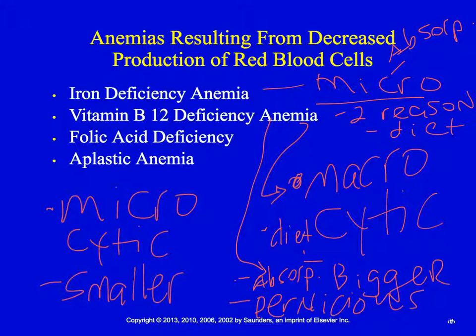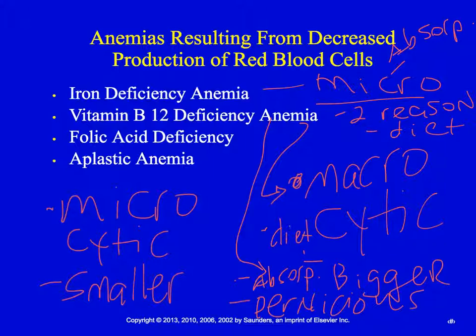If we rule those out, if their iron levels are normal, their B12 levels are normal, their folic acid level is normal, then we might look to the bone marrow to see if the problem is coming from the production of the red blood cells in the bone marrow. So that's how we work through determining the cause of an anemia. Because again, it's a symptom of a disorder somewhere else.